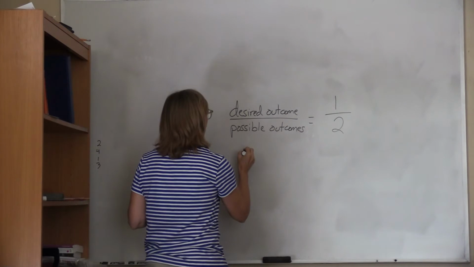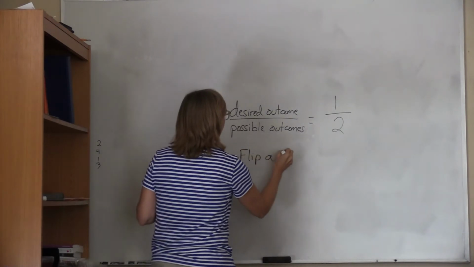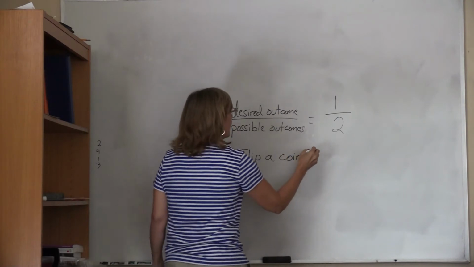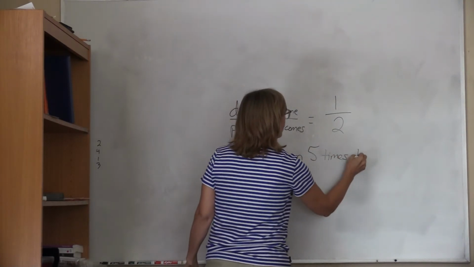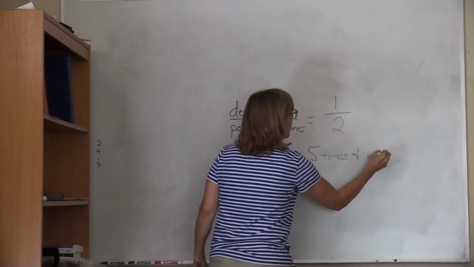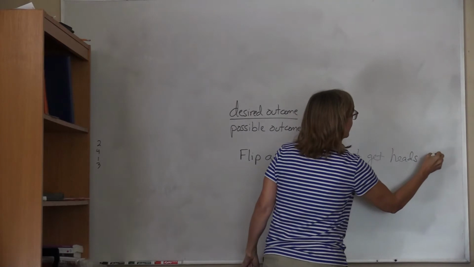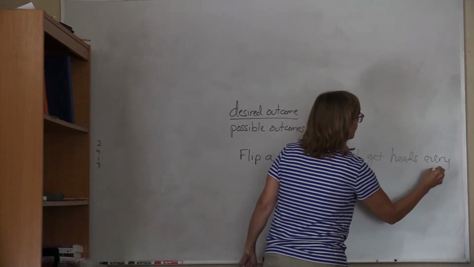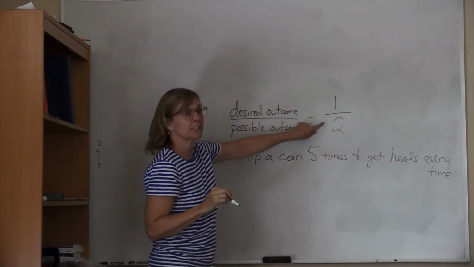All right, so let me show this really plainly. What is the chance that you flip a coin 5 times and get heads every time? Okay, so the first time you flip the coin, what's the chance of it?